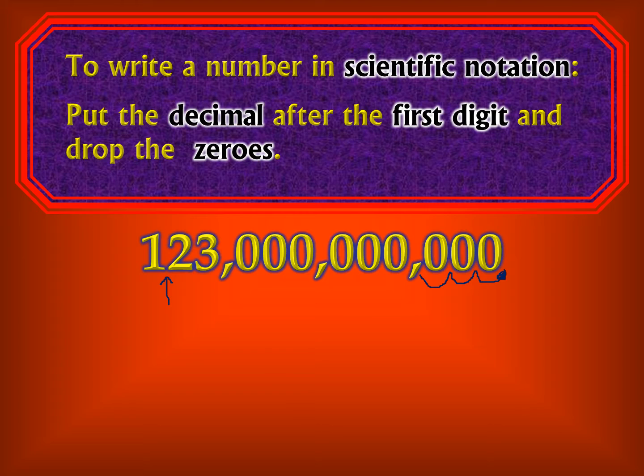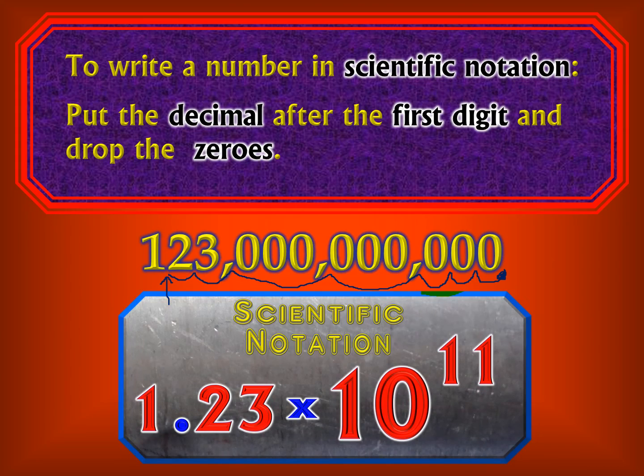So let's keep multiplying. That was 3. Well, then this would be 6. Then this would be 9. And then 2 more gets me to this number. 1.23 times 10 to the 11th power is 123 billion.